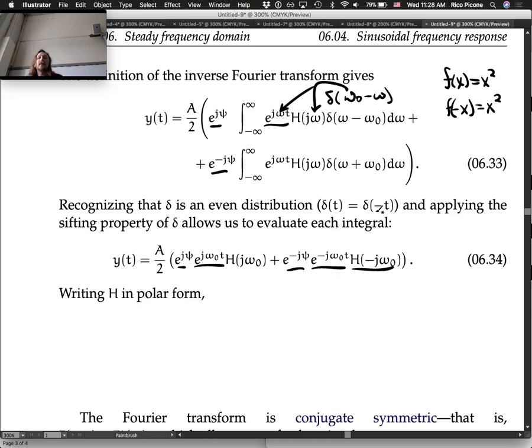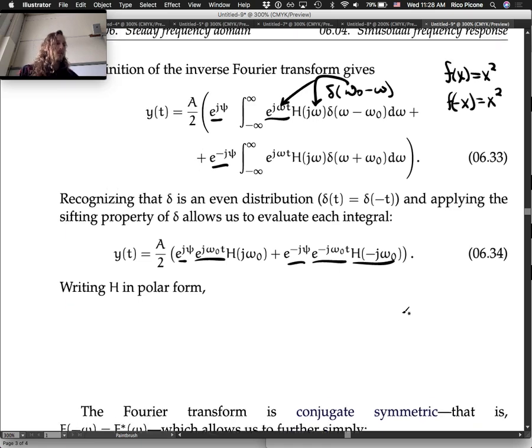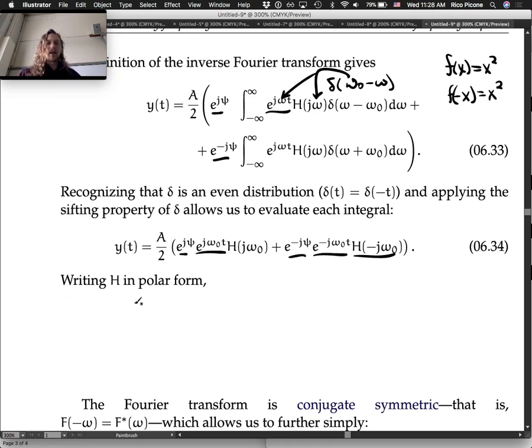So that got way simpler from 633 to 634, right? The integral went away, the delta functions went away. Using that shifting property, we really simplified that. So if we write h in polar form, we can say that y of t, so remember, h is just a complex number, right?